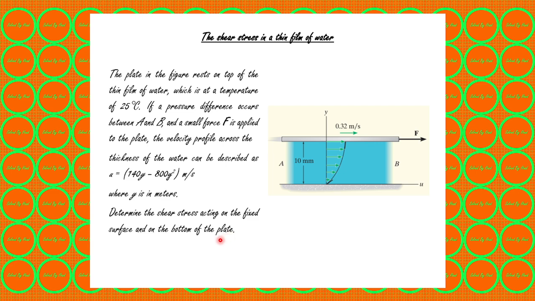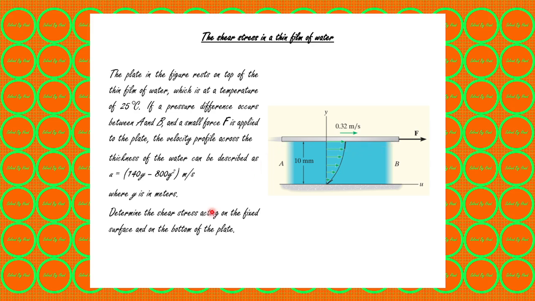So determine the shear stress acting on the fixed surface. So this is the fixed surface. We have to determine the shear stress acting on the fixed surface here, and on the bottom of the plate. On the bottom of the plate means here at this location. So this is the plate, and this is the bottom of the plate.